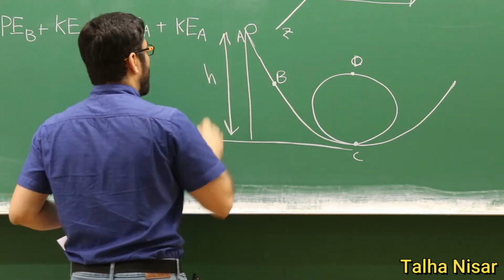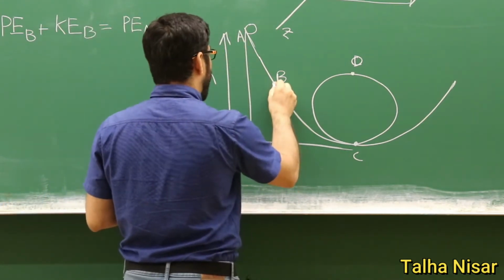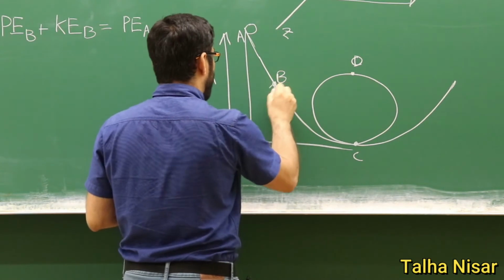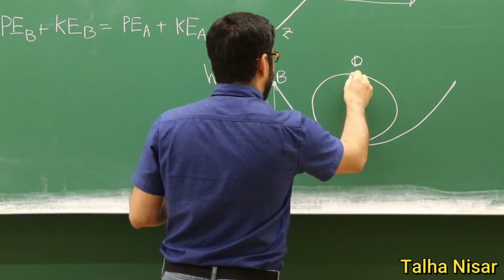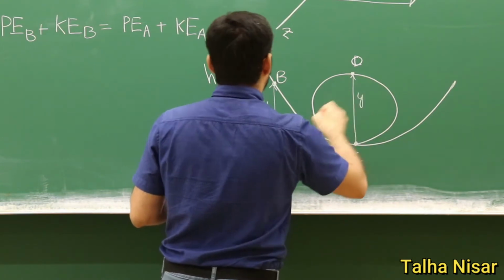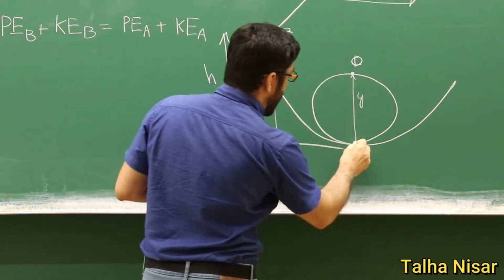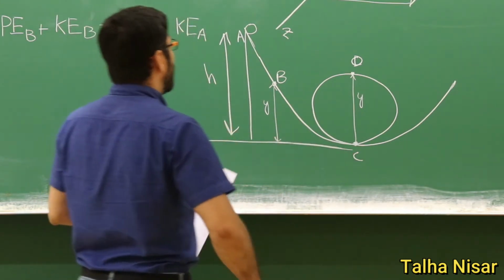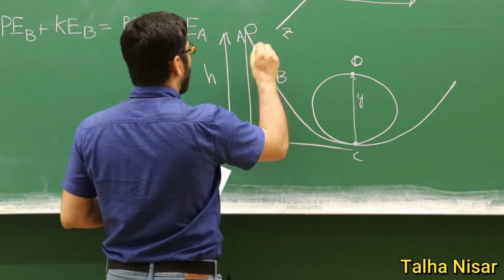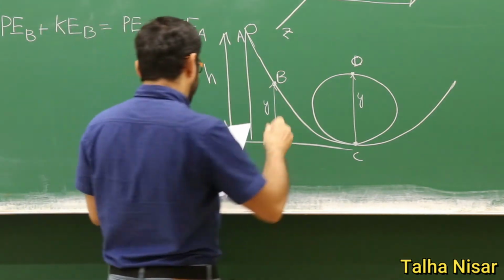So this is the total height, and here we have some height, so we just call it Y, and here we again have some height in the y direction. At point C, we do not have any height, and the initial velocity is 0.